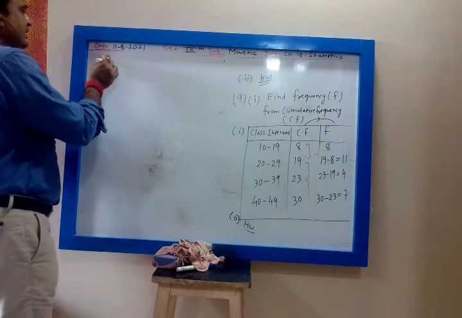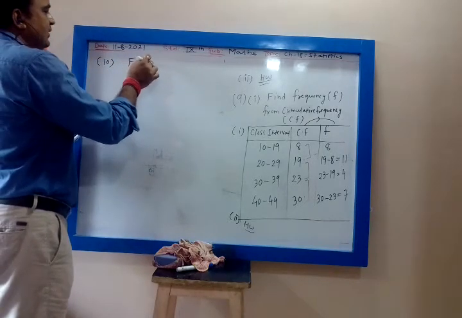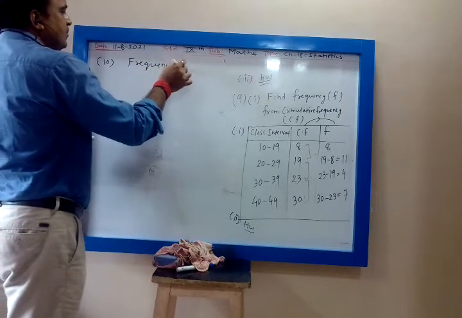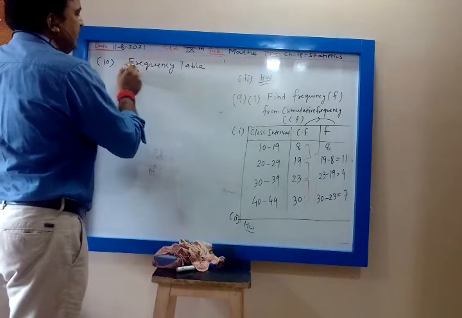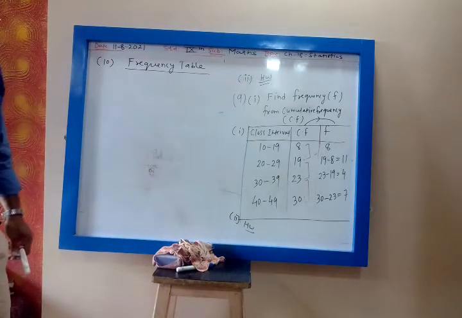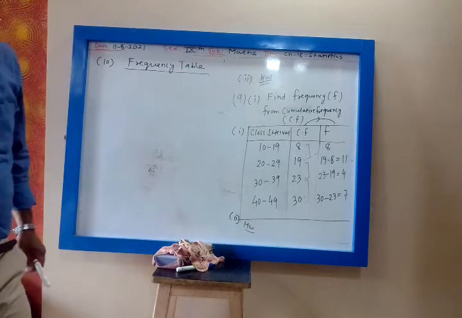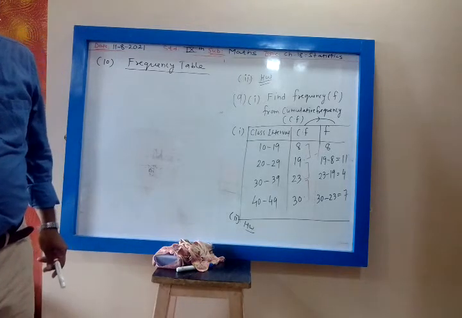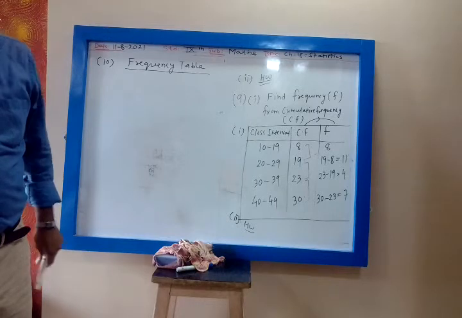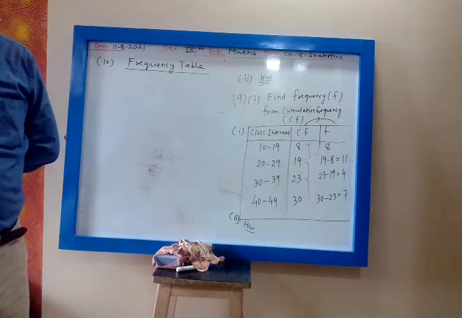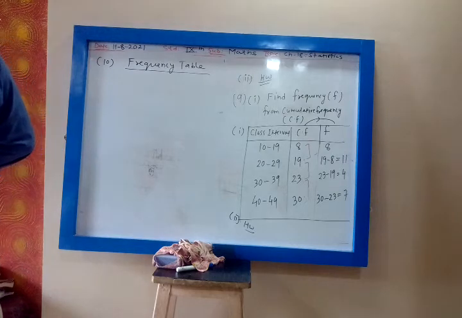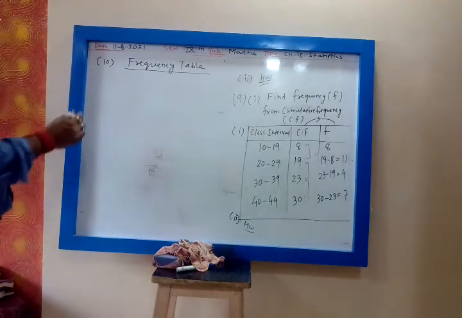Less than 10 marks, and you are given frequency. Construct a frequency table from the following: less than 10 marks, 6 students. Okay, so let us write.